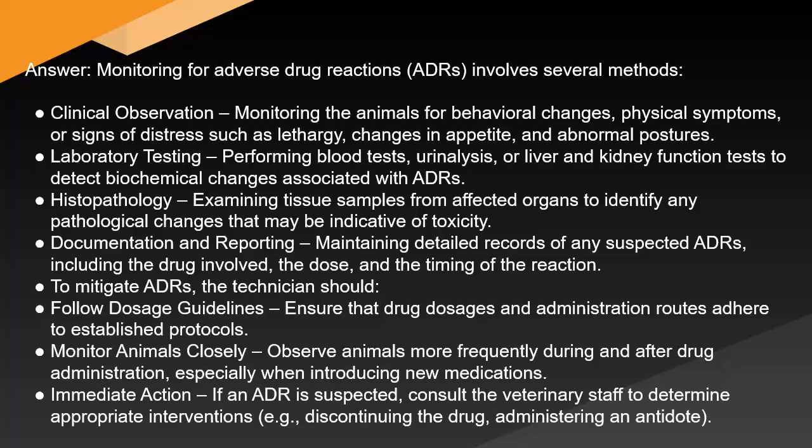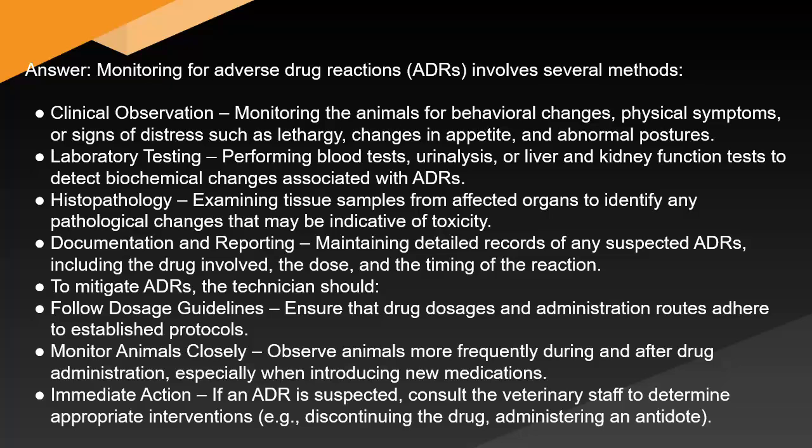Laboratory testing, performing blood tests, urinalysis, or liver and kidney function tests to detect biochemical changes associated with it. Histopathology, examining tissue samples from affected organs to identify any pathological changes that may be indicative of toxicity.